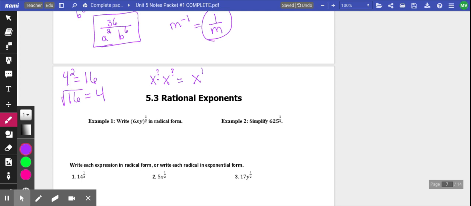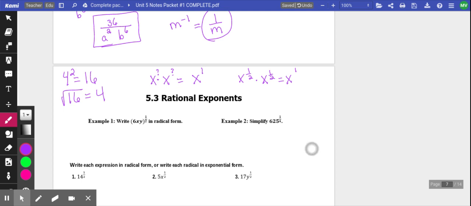Hopefully you've come up with x to the 1/2 times x to the 1/2 equals x to the first, because we know that when we're multiplying like bases, we keep the base and add the exponents. So that would give me x to the first, because x to 1/2 plus 1/2 equals 1.